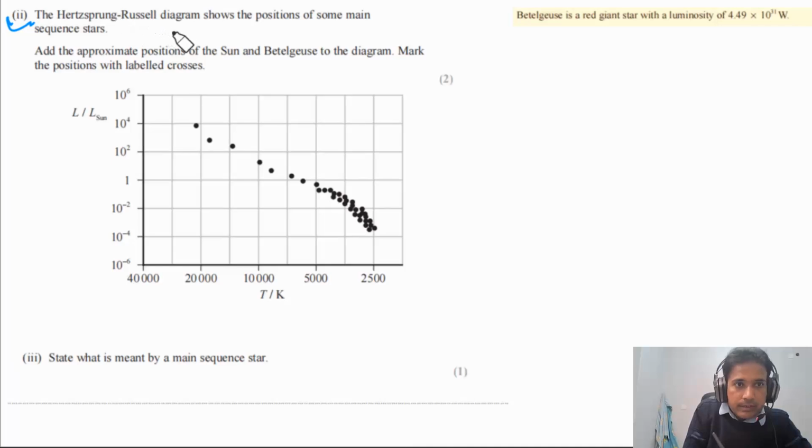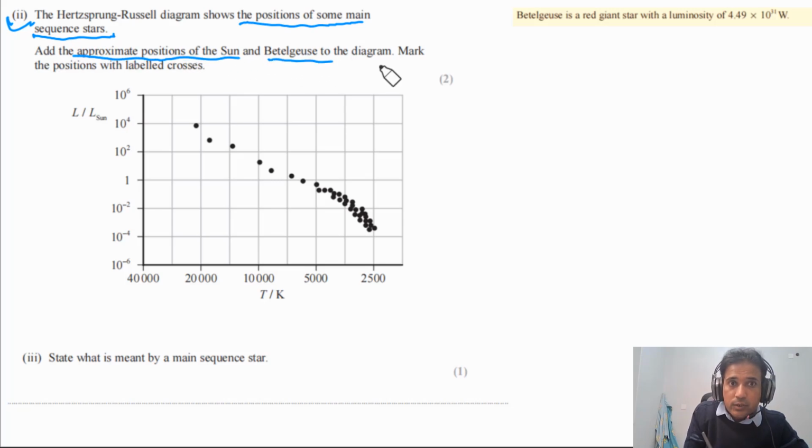And the second part says the HR diagram shows the positions of some main sequence stars. Add the approximate position of the Sun and Betelgeuse to the diagram. Mark the positions with labeled crosses. So in this case, the first thing we need to understand is that the luminosity of the Sun, which we take as a reference, is equal to 1.